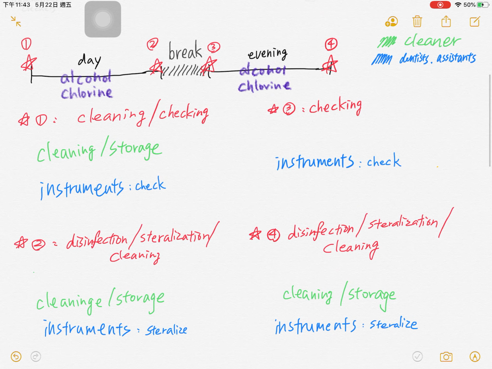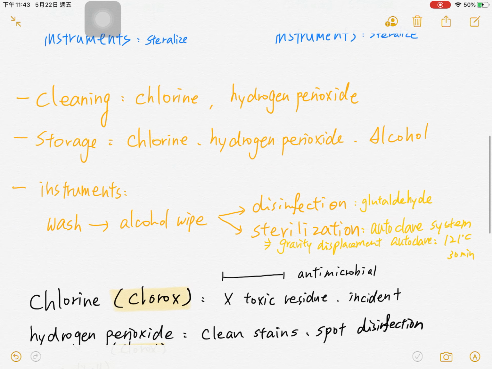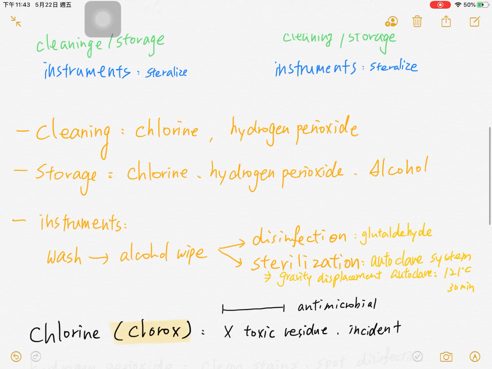So these are the stages that I organized for these people. Now I'm going to go into the details about the disinfectants that these people need in their working procedure.